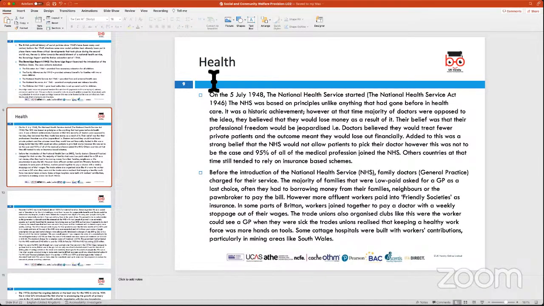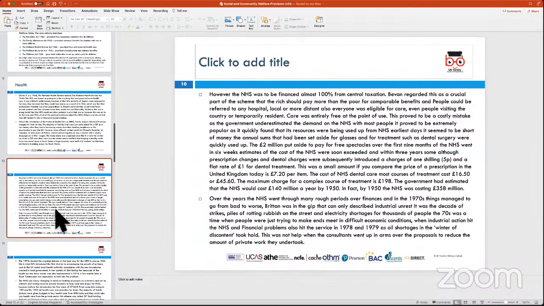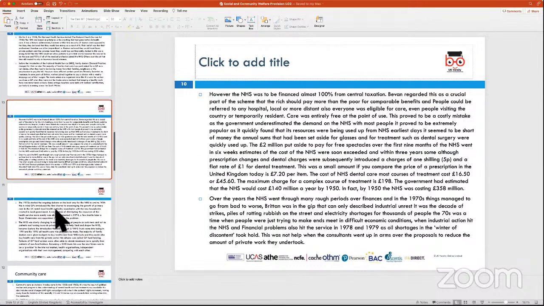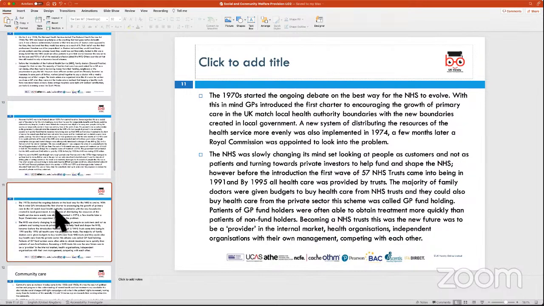What I've done in this presentation is give you insight into health, which is one of the 5 benefits of the welfare state, and the beginnings of how this came across into our country is what we need to read.